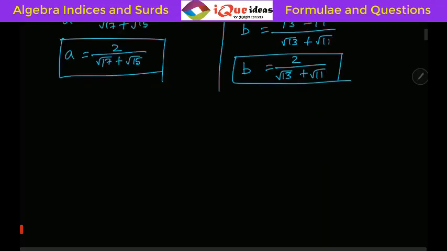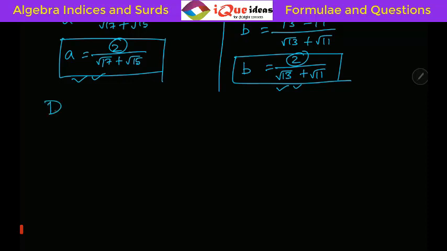Let's see. Look at this A and B very carefully. The numerator is same, that is 2. Right? Now whichever has a larger denominator, that number will be smaller. Right? Larger denominator means the number is smaller. Now look at the denominators. The denominators are root 17 plus root 15 in the first one and root 13 plus root 11 in the second one.